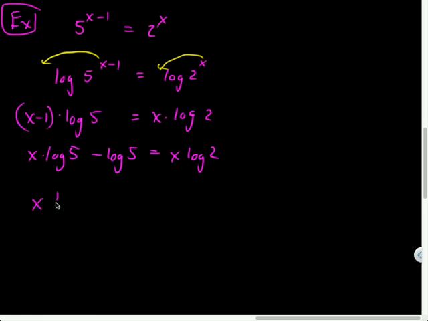So that would look like x log 5 minus x log 2 equals log 5. So the way we did that was we brought that over here and this over there.